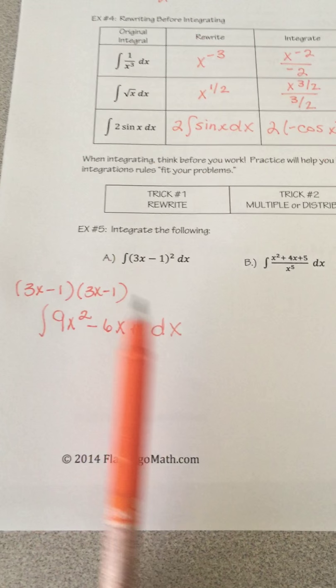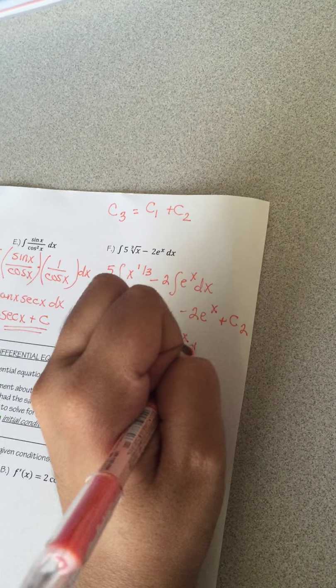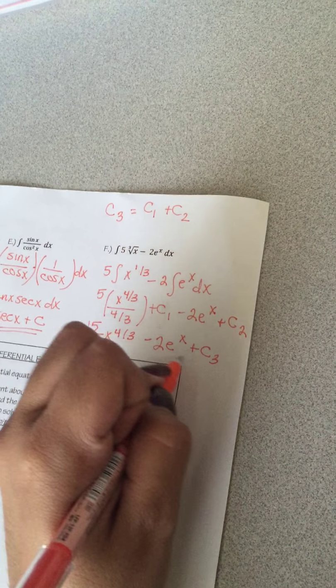Well, we're going to simplify this, and we're going to say that C3 is just some constant, and that's made up of the very first constant plus the second constant, so that we don't have too many constants in our final answer. Simplifying it would give us 15/4 x to the 4/3 minus 2e to the x plus C3.